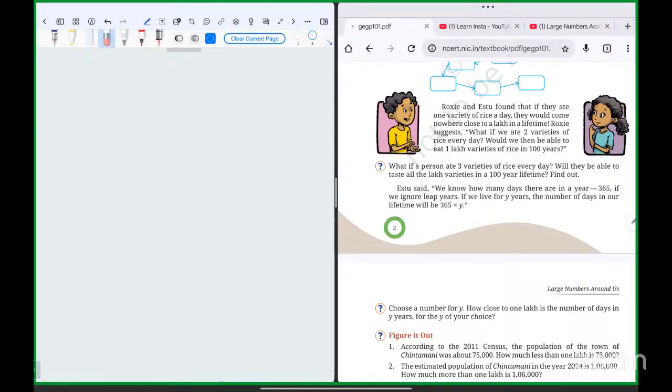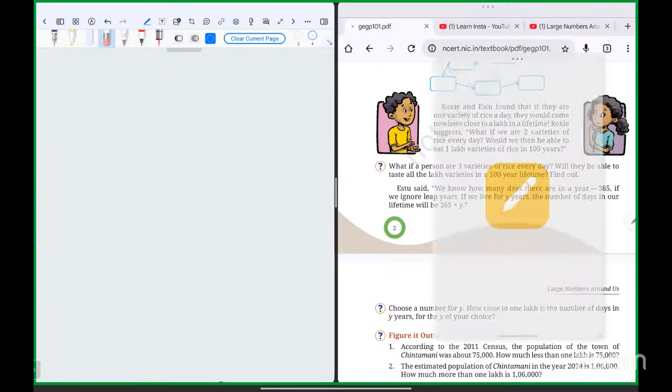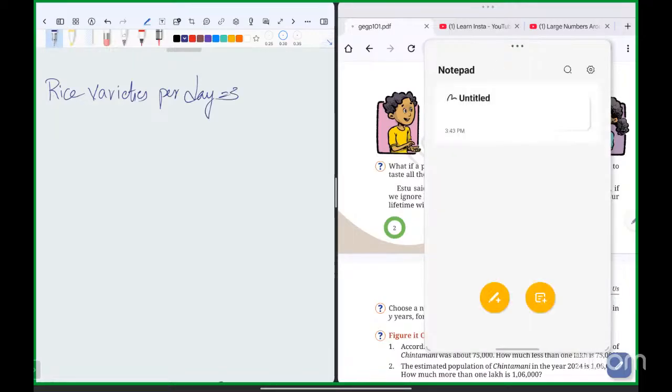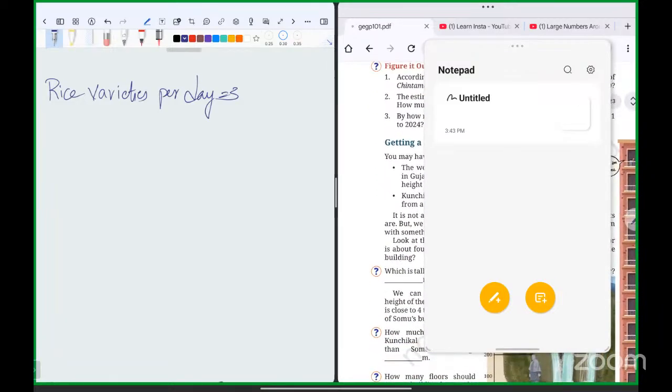In the previous question, it was two varieties of rice every day, but in this question, rice varieties per day is equal to three.